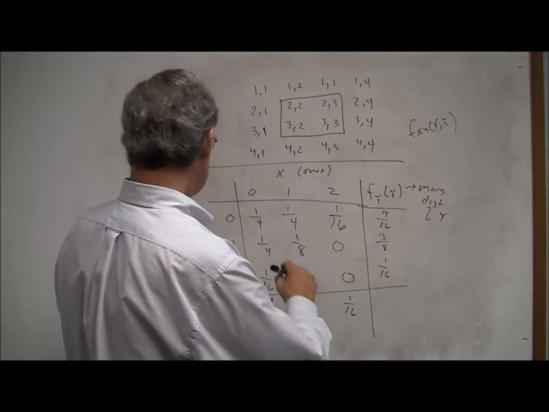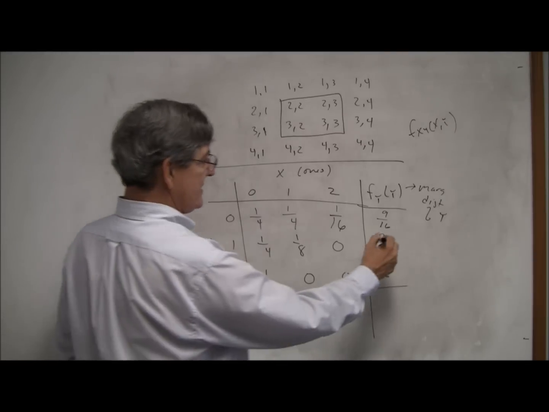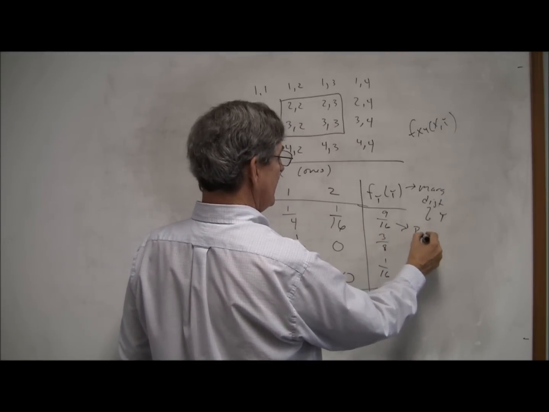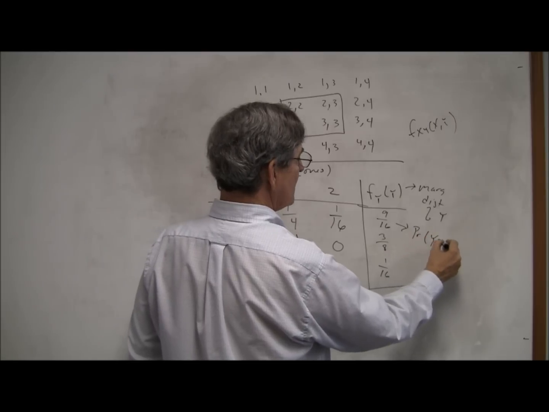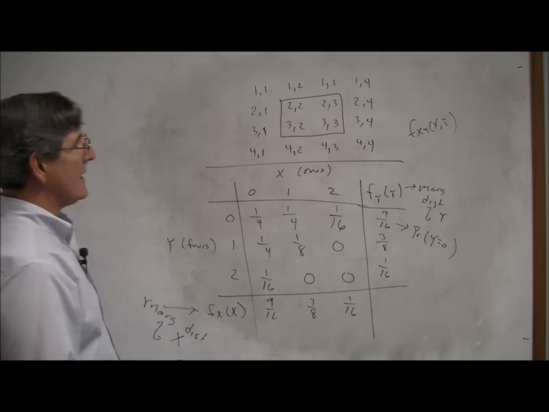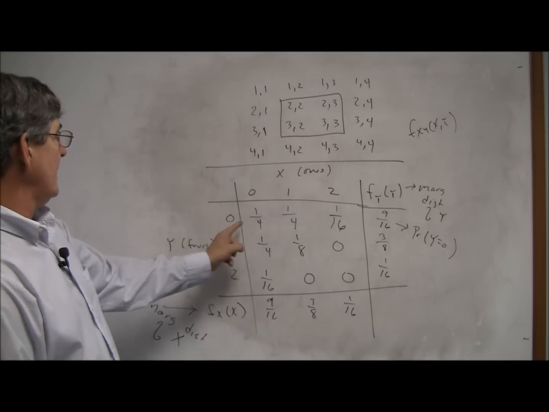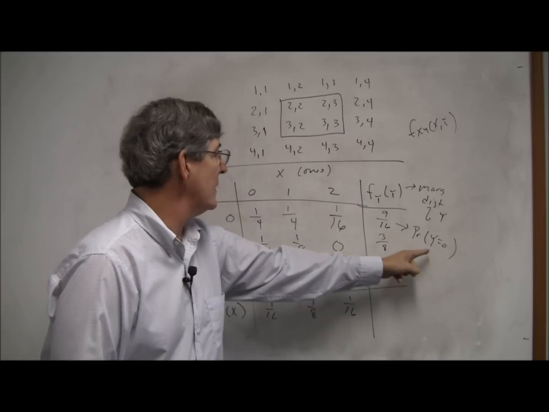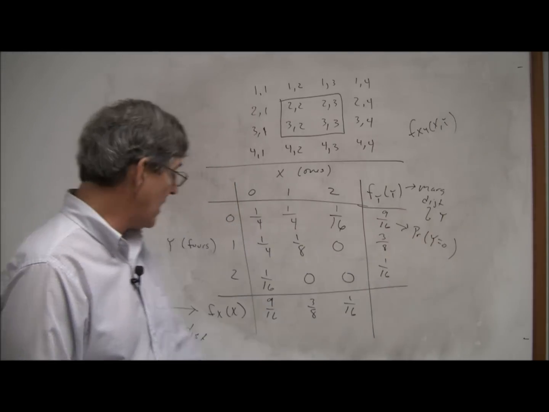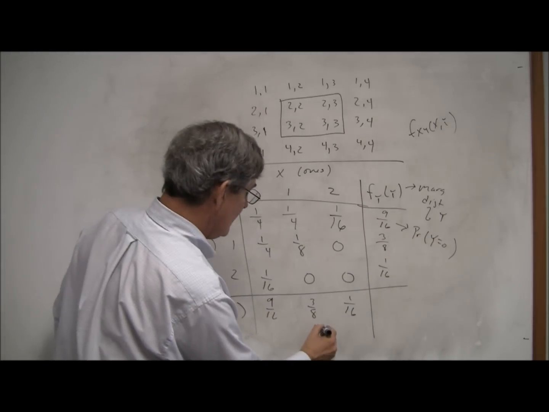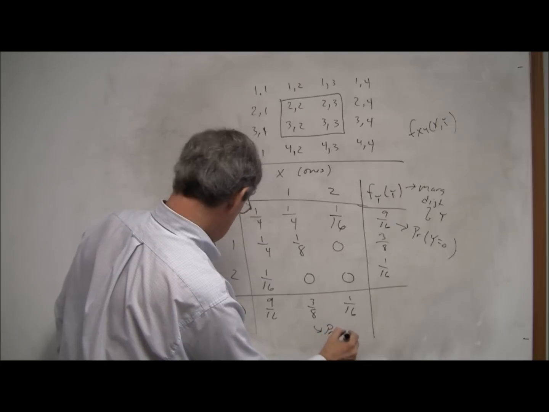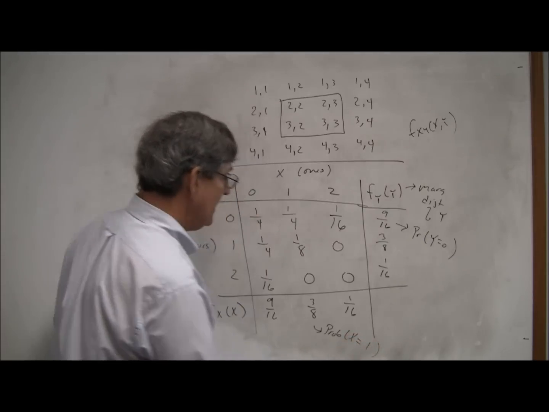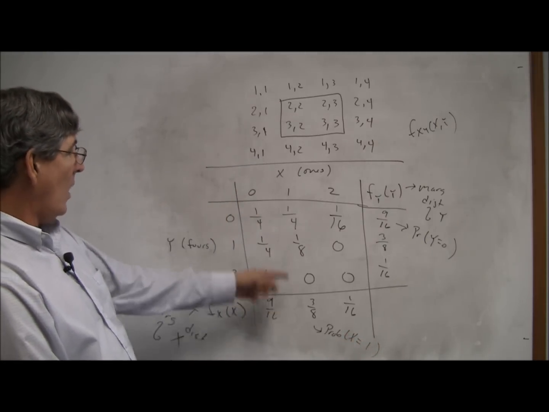So this number, this 9/16, that's just the probability that y equals 0, not caring about x. These are the probability that y equals 0 and x equals 0. This is the probability that y equals 0 and x is anything, and those are the marginals. This, for instance, is the probability that x equals 1, not caring what y is.